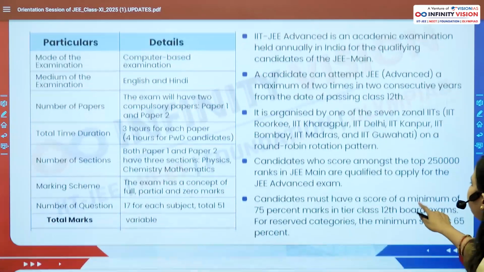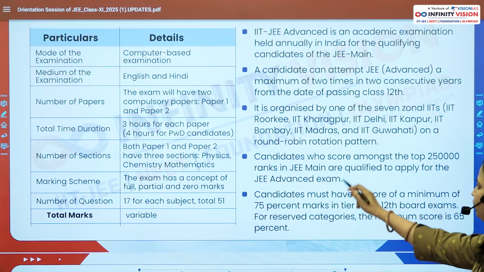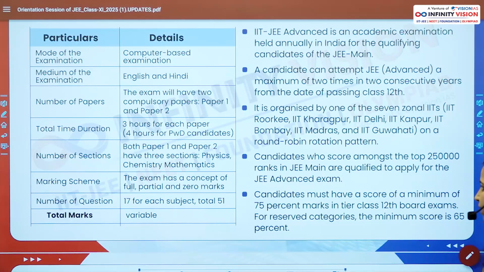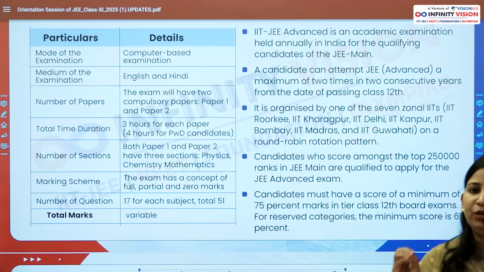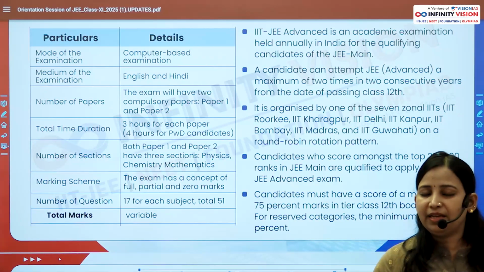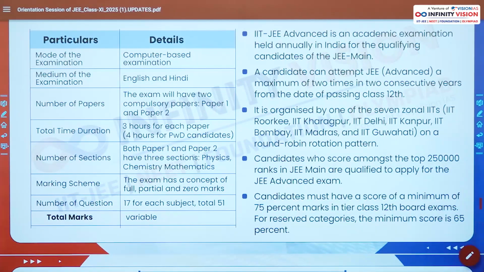Now, candidates who score among the top 2.5 lakh ranks in JEE Main are qualified to apply for the JEE Advanced. It means if you come within the top 2.5 lakh rank in the JEE Mains exam, then you will be eligible for giving the JEE Advanced exam.